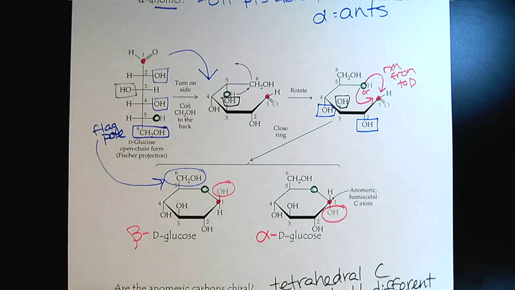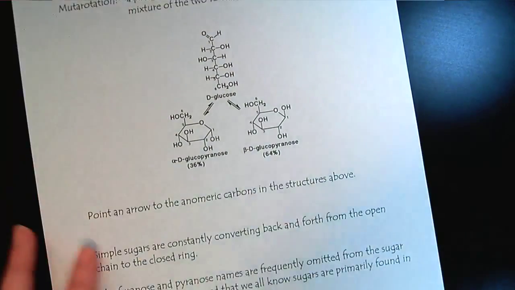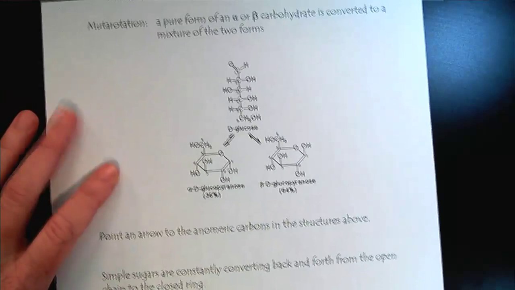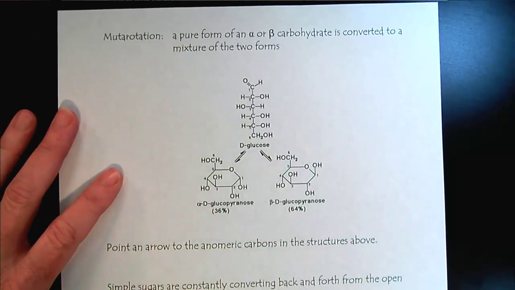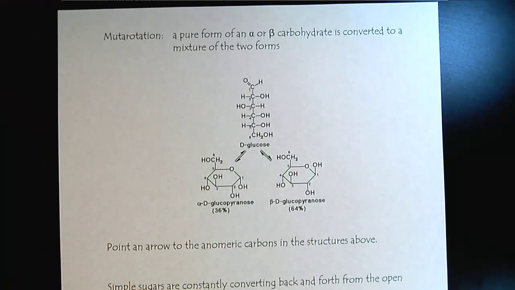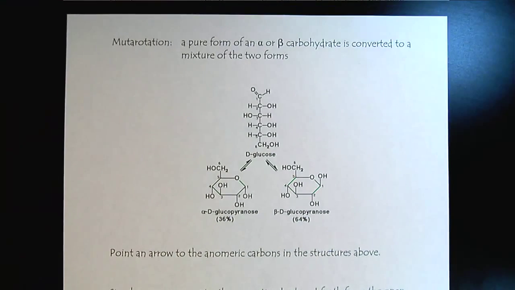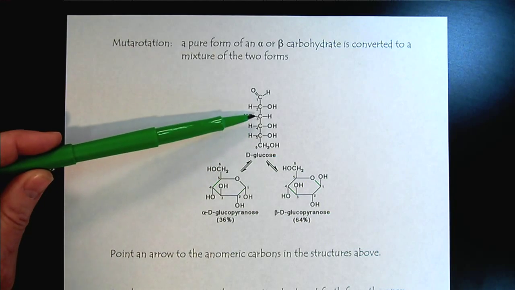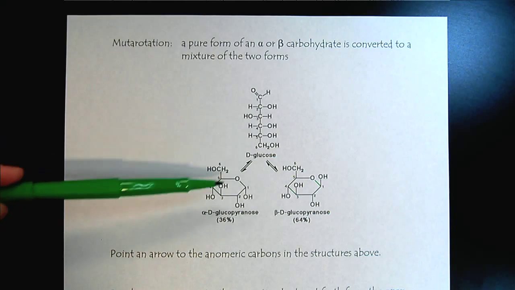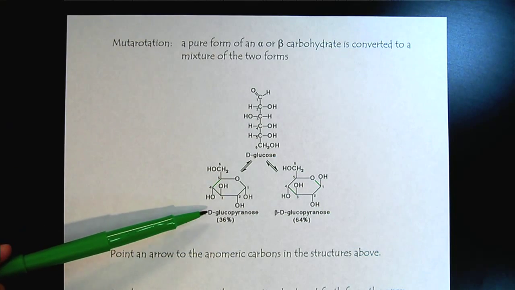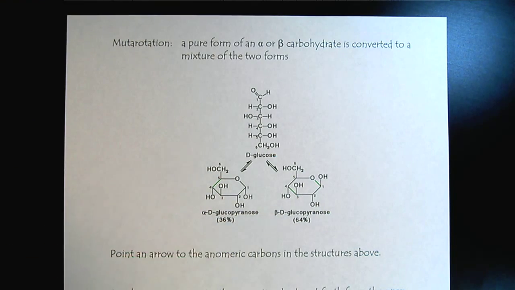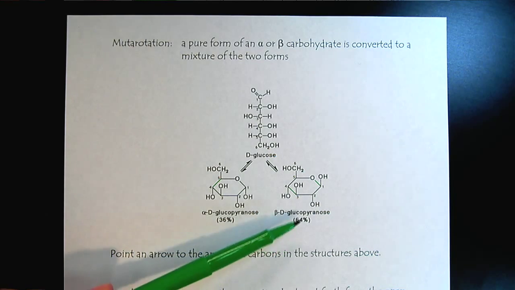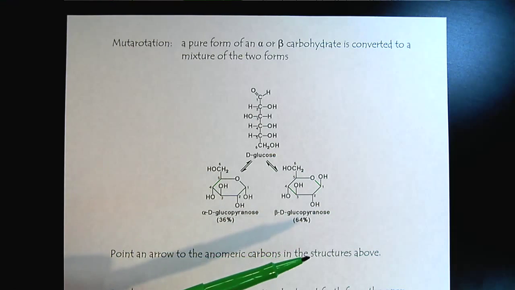So on the next page, we'll start with our D-glucose, a really important sugar that we use for energy. And the important thing here is to recognize that this is an equilibrium process, right? So we've talked about equilibrium before. So the straight chain is constantly opening and closing, and it's going in both the alpha form and the beta form. For glucose, the beta form is the preferred form energetically.